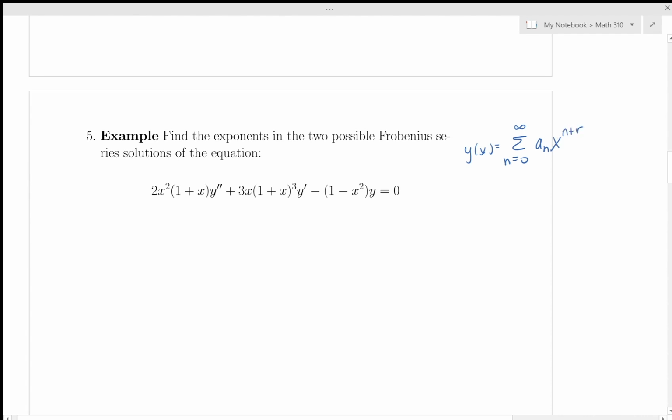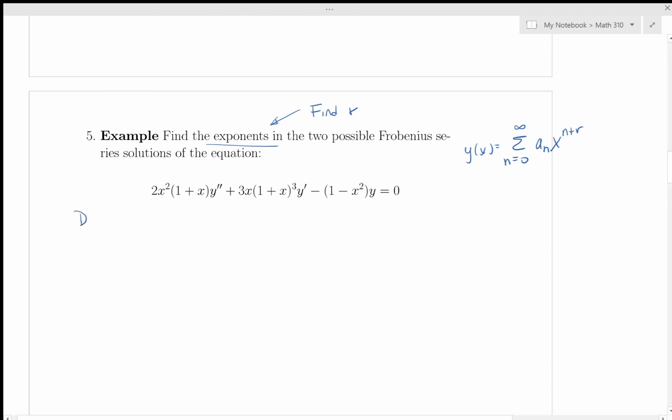What I'm trying to do here is find r. Depending on the equation I get, the quadratic equation in r will give either 1 or 2 values of r.